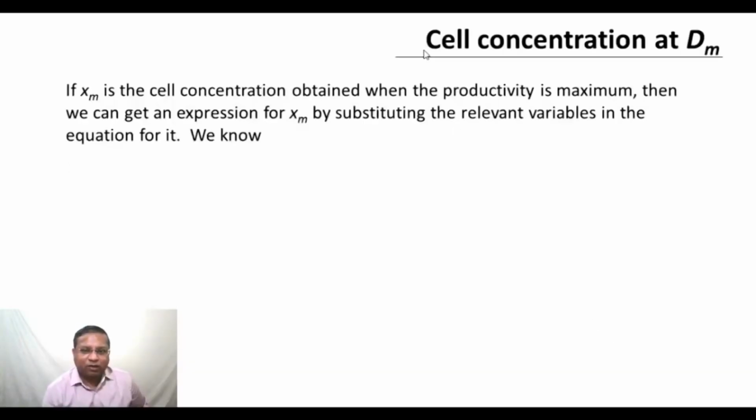Now let us look at the cell concentration at Dm. If Xm is the cell concentration obtained when the cell productivity is maximum, then we can get an expression for Xm by substituting the relevant variables in the equation. We know that Xm is the cell concentration at the maximum productivity, so all the other variables should also correspond to the maximum productivity variables.